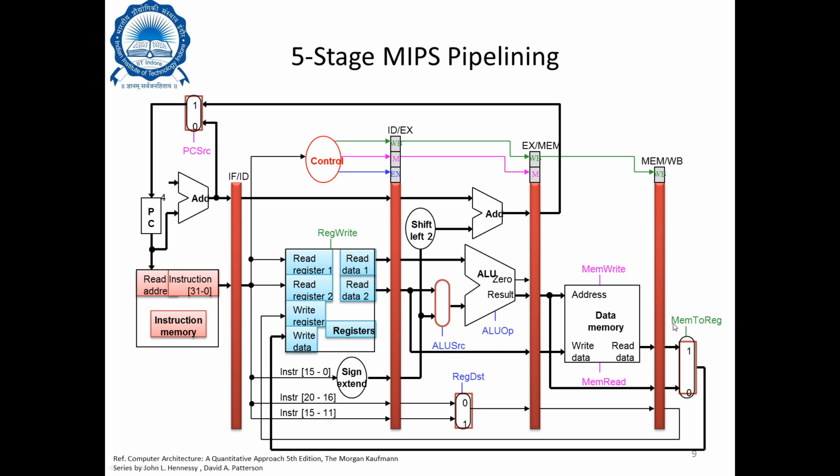This pipeline register holds the value of the data memory and the output of the ALU, and it acts as an intermediate register between the last two stages, which are mem and write back. So you see that we have inserted pipeline registers between each of the stages to hold the intermediate values. This data path hardware block diagram of the MIPS 32-bit architecture is known as the MIPS pipelining architecture with pipeline registers.